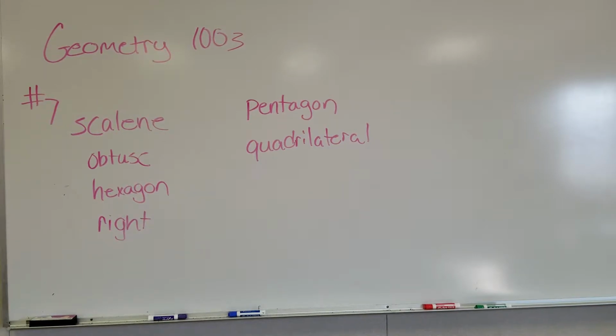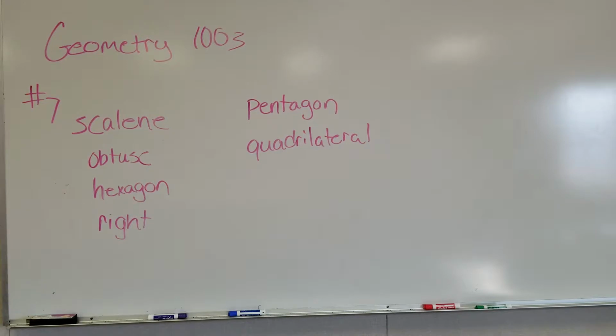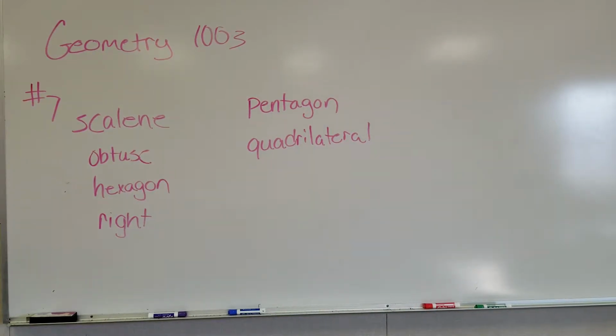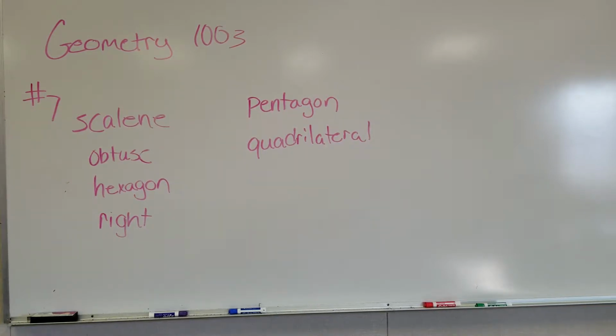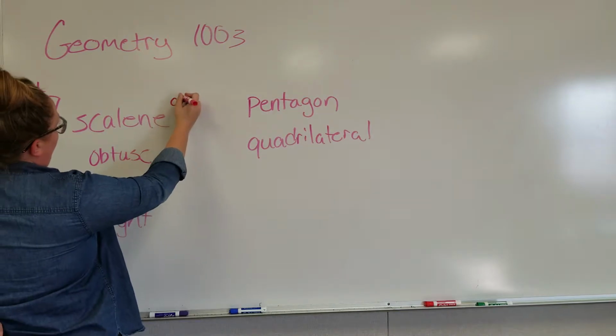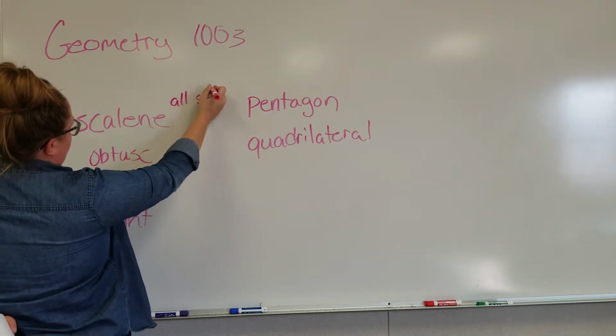All right, problem number 7, they give you 6 different kinds of polygons, and they want you to identify them. So number 1, they ask for a scalene triangle. A scalene triangle is a triangle that has all different sides. No 2 sides are the same length. So you're looking for a triangle with all sides different lengths.